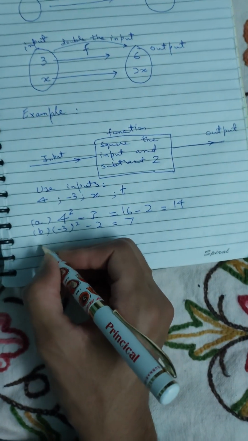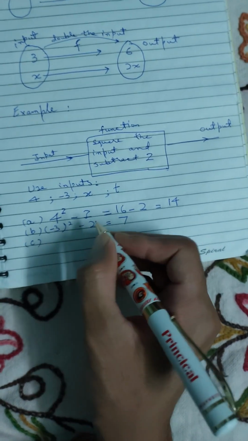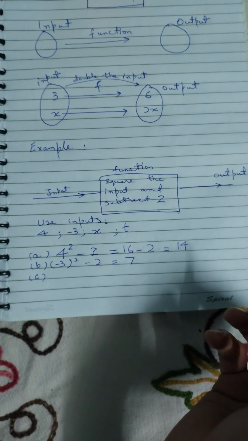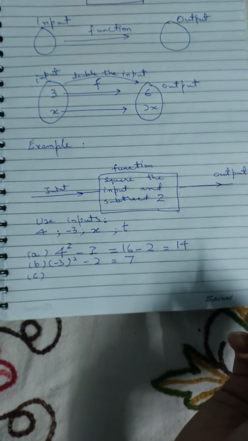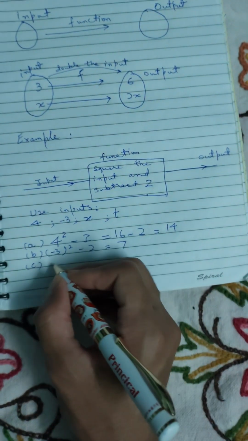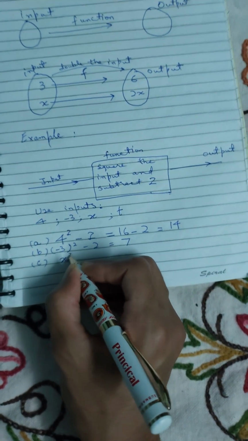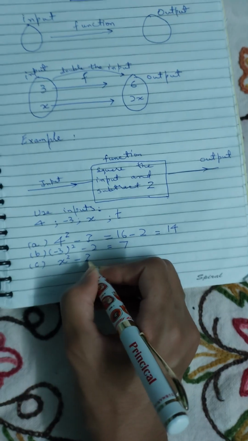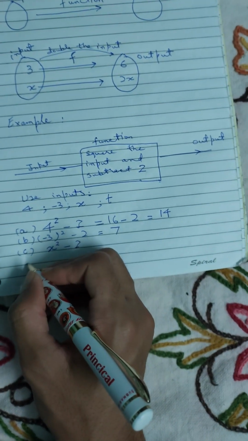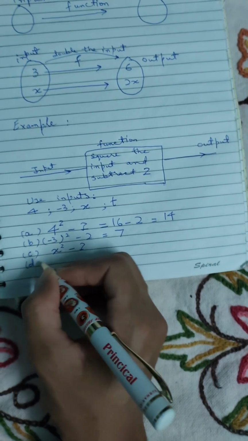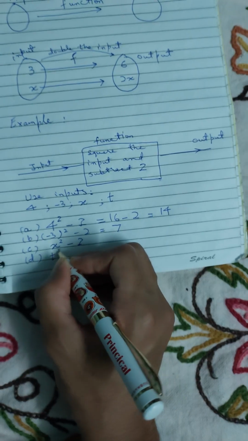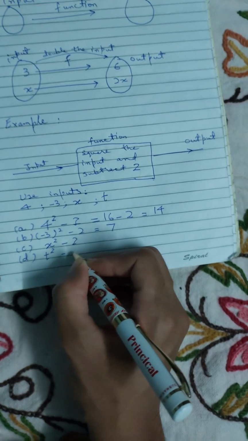Now for x, look, here we have to use the input x, so square the input, meaning x square, and subtract 2, minus 2. It is how it's done. And for t, use the input t, that is t square, subtract 2.